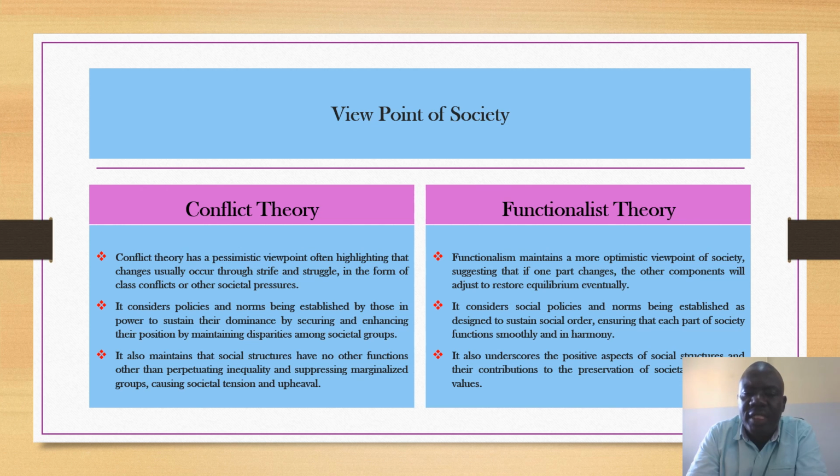It also underscores the positive aspects of social structures and their contributions to the preservation of society and values. So they don't look at the darker side of what happens in society, but they focus more on the brighter side, while conflict theory is more obsessed with the darker side, looking at society in terms of conflict, in terms of struggle, and in terms of competition.